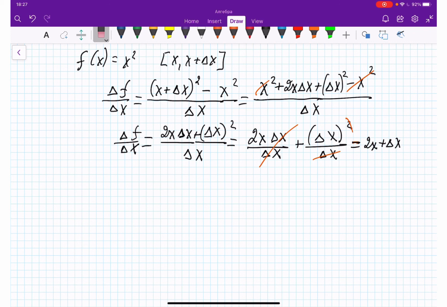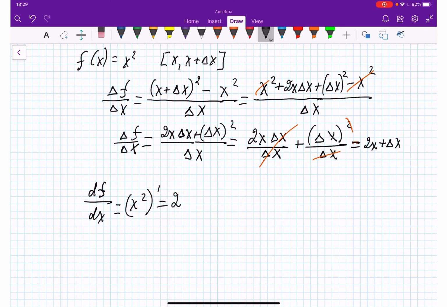Next, let's take the instantaneous rate of change of the function, which is going to be df. So the derivative is the instantaneous change, and delta f over delta x is the average change. So df by dx is equal to the derivative of x squared, right?